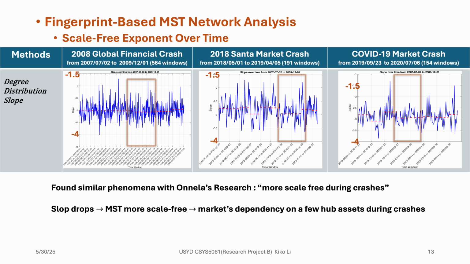However, notice the brown boxed period, which is the time of the market crash windows. The slope dips sharply compared to other window periods. This indicates the network becomes more scale-free during a crash. This aligns with the finding in Onnela's Pearson-based minimum spanning tree, that the stock network becomes more scale-free during a crash, and it is surprising that our fingerprints could capture the same characteristics.